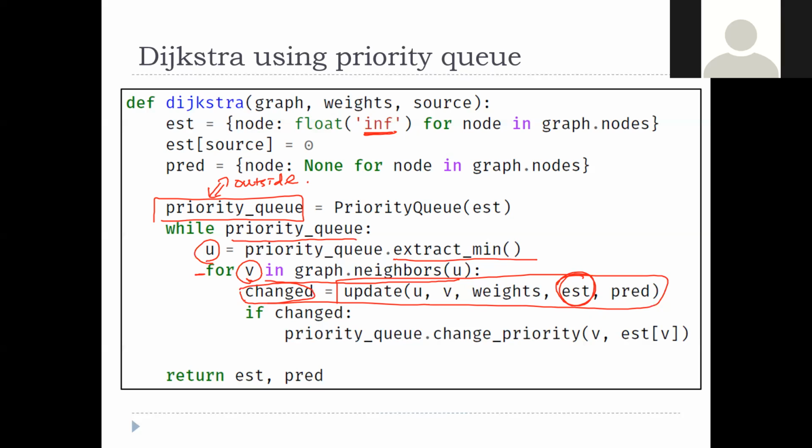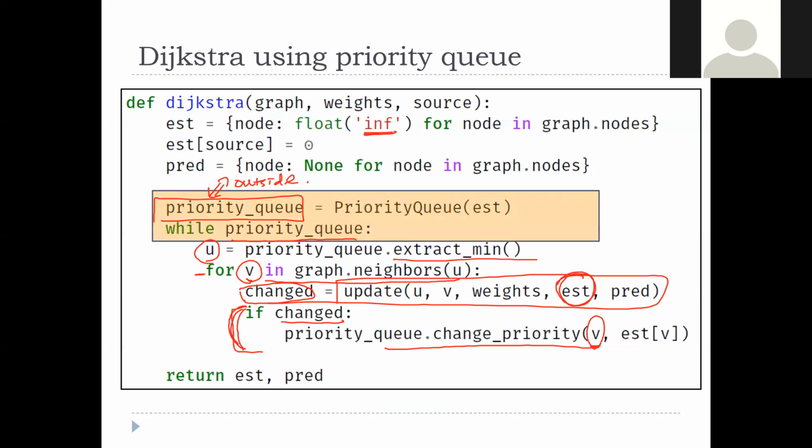So if change becomes true, namely we found a better way to reach V, then we have to update the value of node V inside my priority queue. This is what change priority is doing. This is different from earlier, because earlier we were just using the estimate. Now I have to maintain the inside priority queue, which we didn't have before. So this is the entire algorithm. Everything else remains the same.